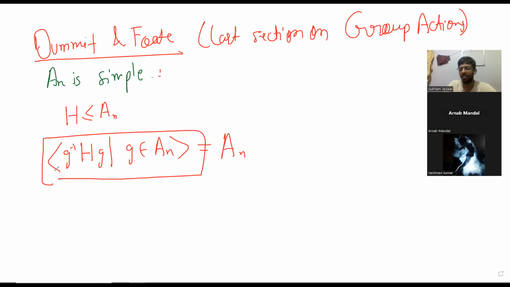That is clear, right? If you take the group generated, will it be normal?